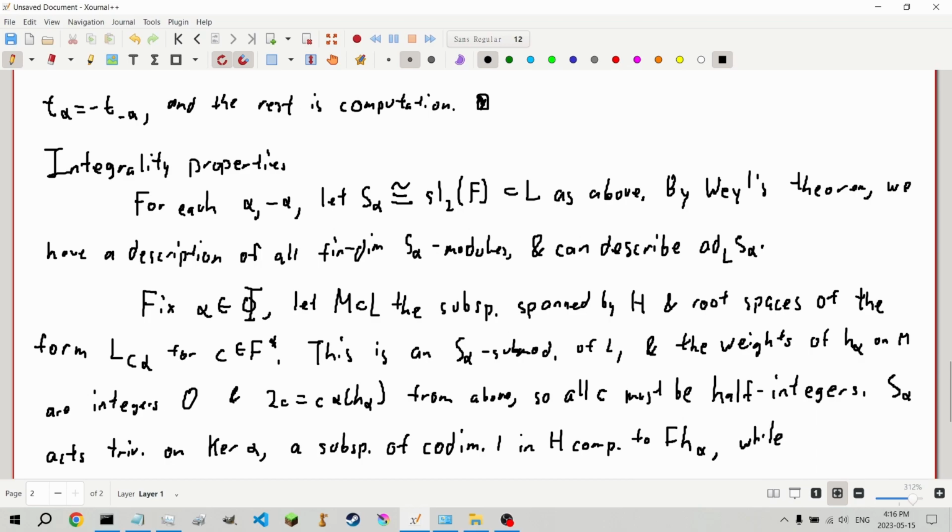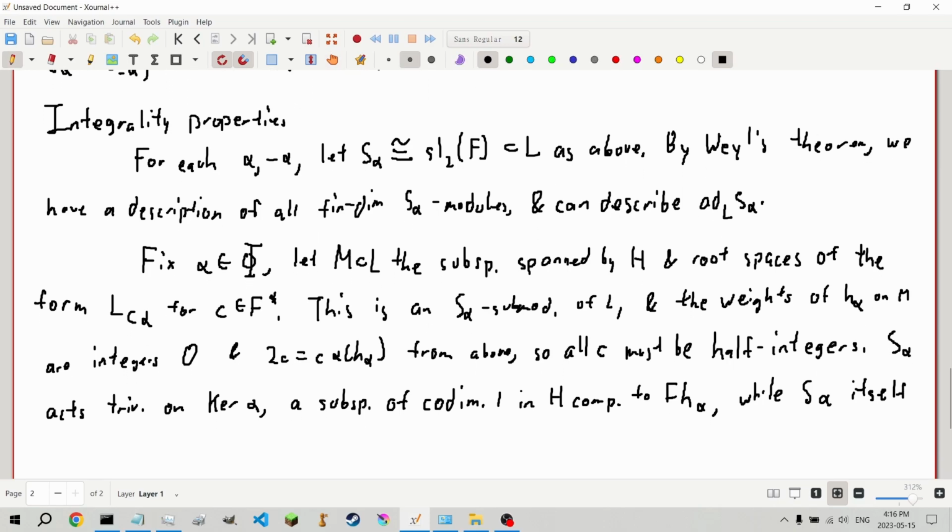While S alpha itself is an irreducible S alpha submodule of M.